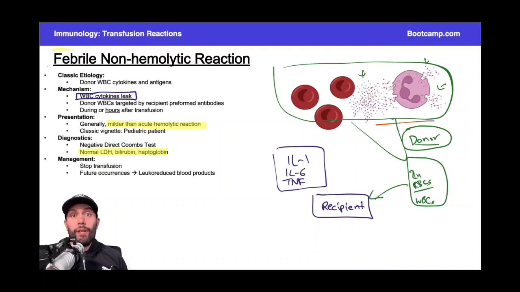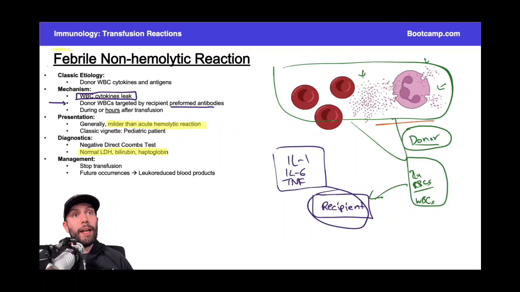There is another portion of this where in some situations, the recipient actually has antibodies against antigens on the donor white blood cells. The actual pathophysiology of this is beyond the scope of step 1. In fact, this doesn't get asked about as frequently, but it's important to know that this can also happen.